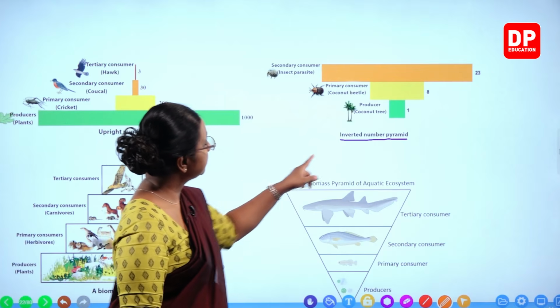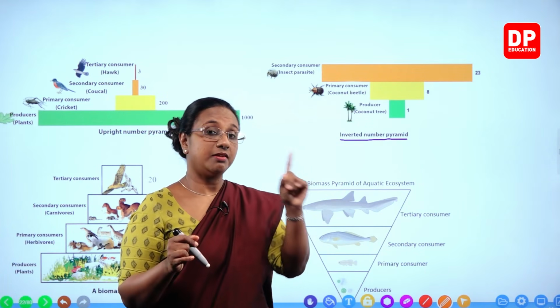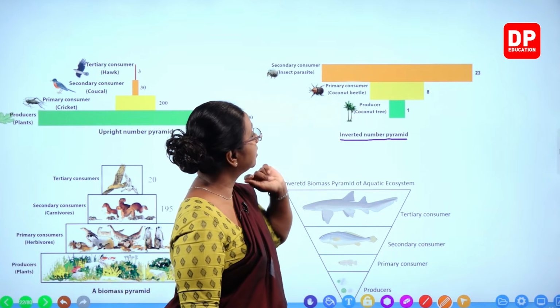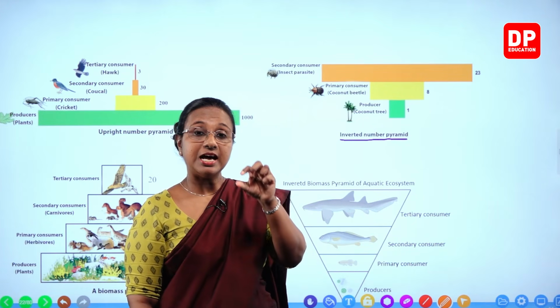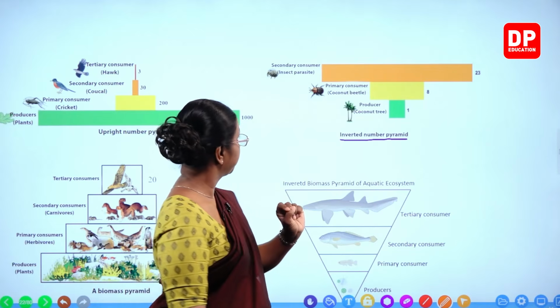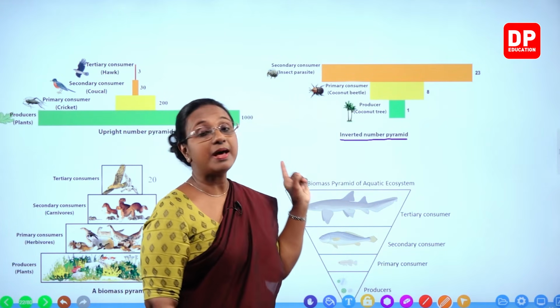Now here you can see the coconut tree is a producer. A large coconut tree, but one coconut tree. In one coconut tree, you can have coconut beetles. You can have 8 of them. Because those are tiny, all 8 can live on one coconut tree. Then there you can see the secondary consumer is the insect parasite.